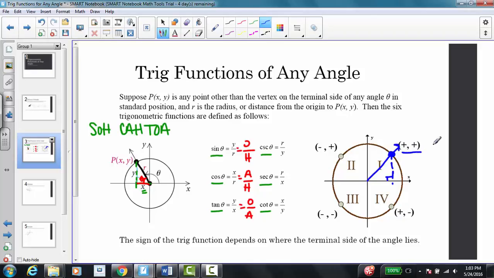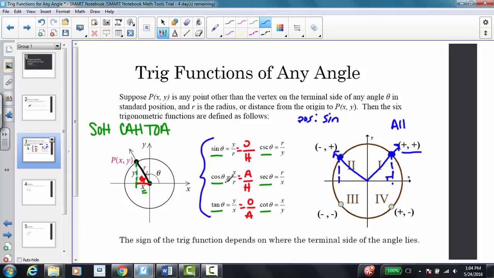So when both x and y are positive, all 6 of my trig functions are going to be positive. But if I have the terminal side in quadrant 2, my x distance is now negative and my y distance is positive. So if my y is positive, then sine is going to be positive.